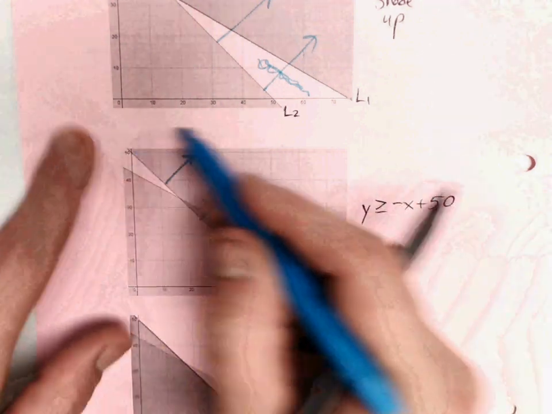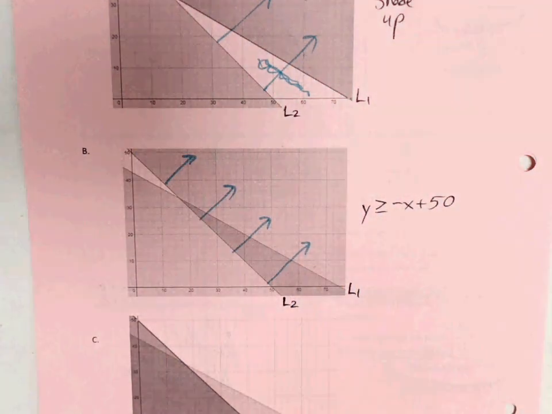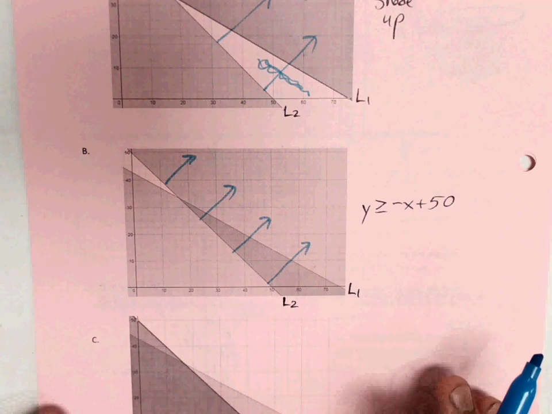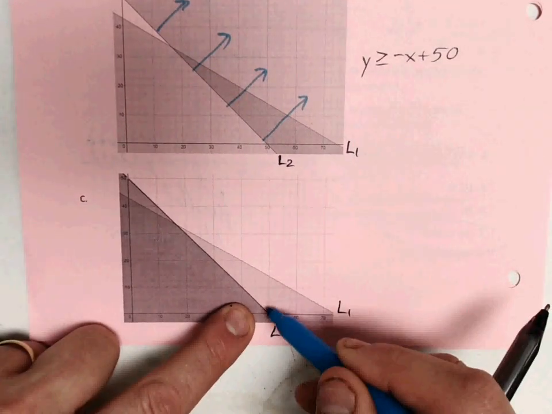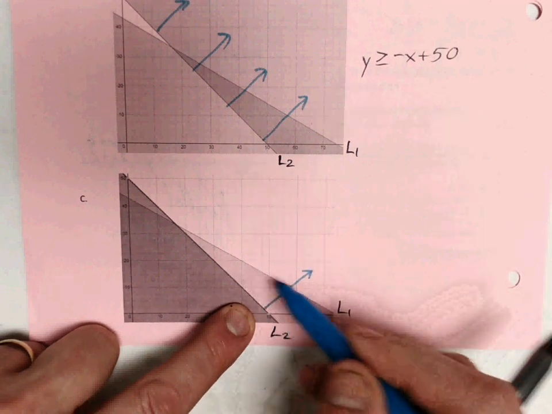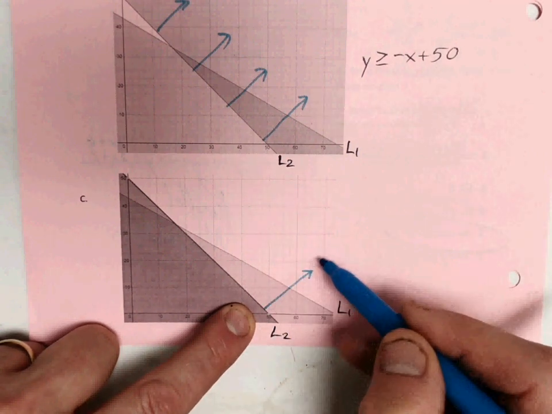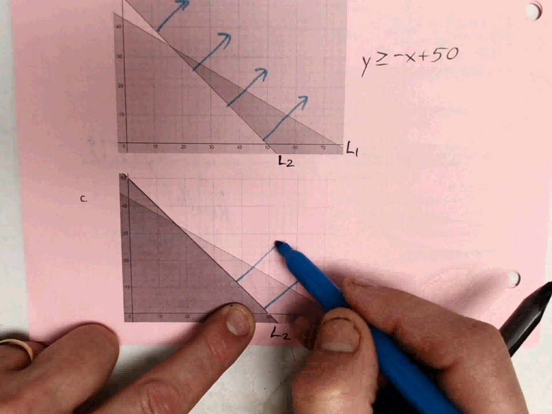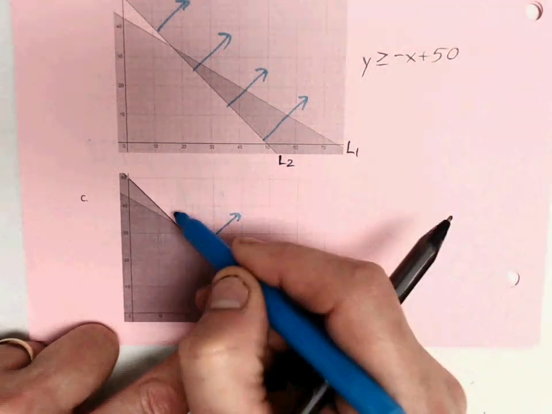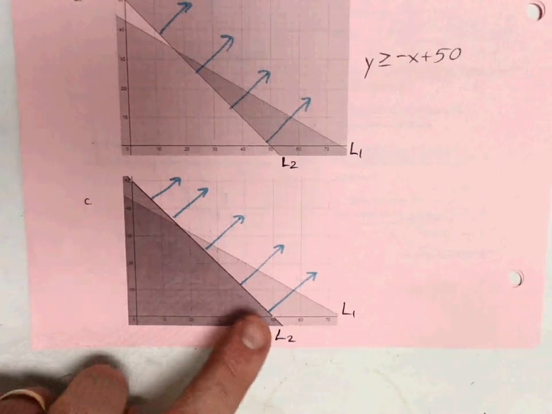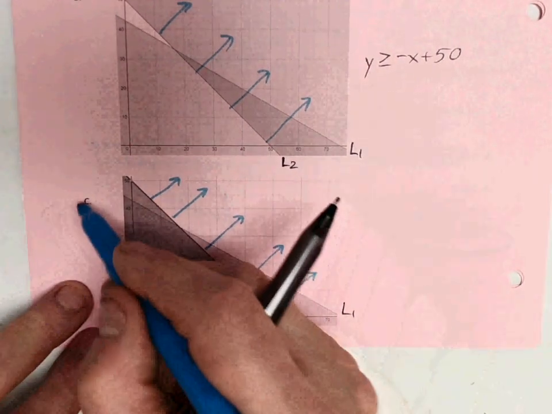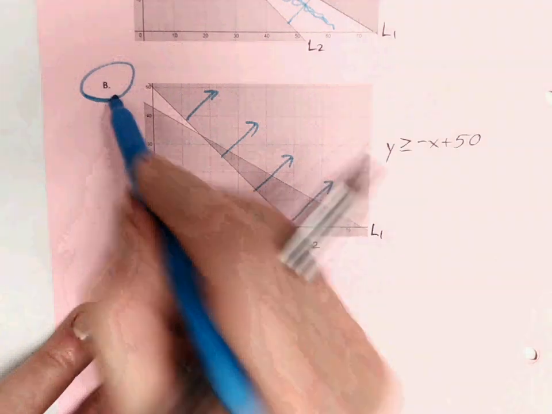Yep, I've got a lot of shading on, so it could be B. So let's look at C, and the same thing, just looking at line 2. I got some shading up there, but then again, I'm hitting some unshaded spots up here. Unshaded, unshaded, and when I get up here, I'm totally unshaded. I am not shading above line 2 down here. It can't be C. Has to be B.